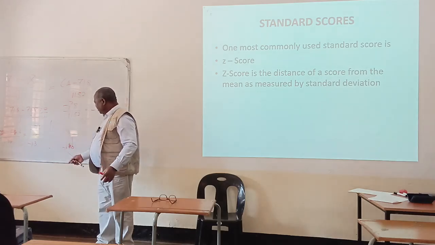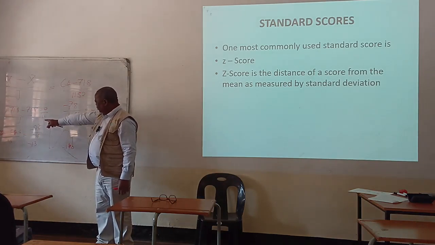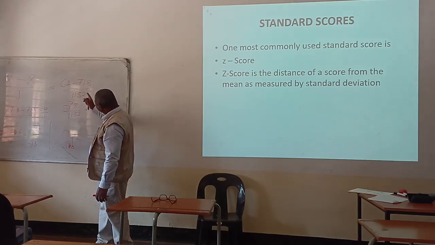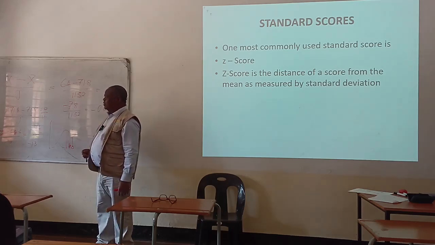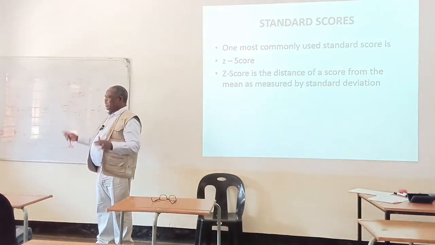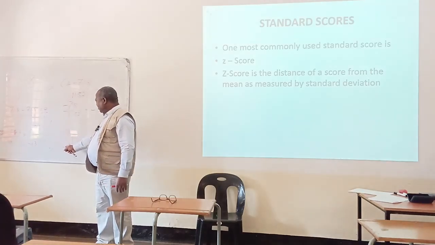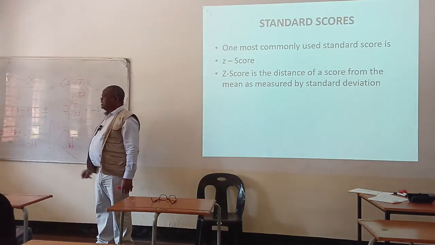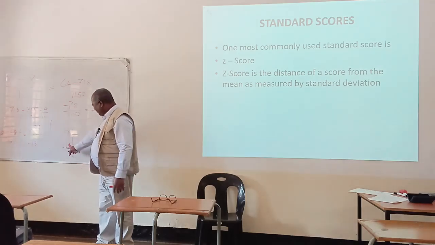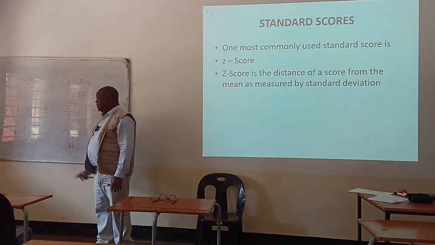In this case, if one student got a score of 52 in mathematics and another score of 64 in physical science, comparatively, in terms of position in the class, he performed better in physics than in mathematics, because mathematics gets a much lower standard score than physics.